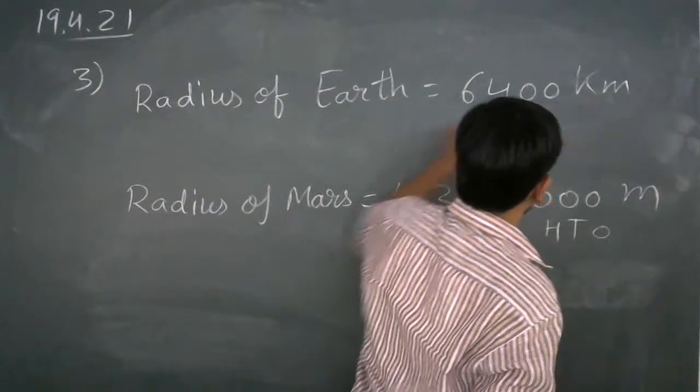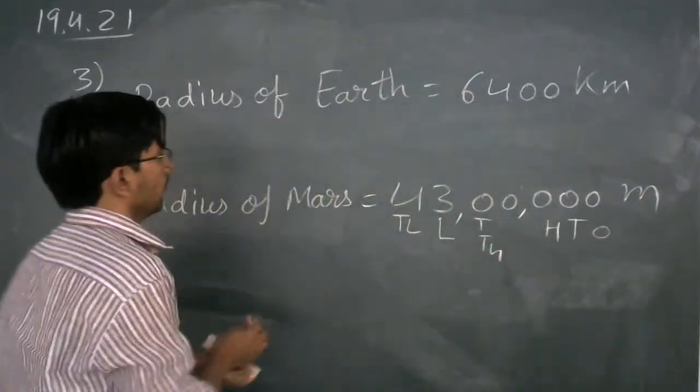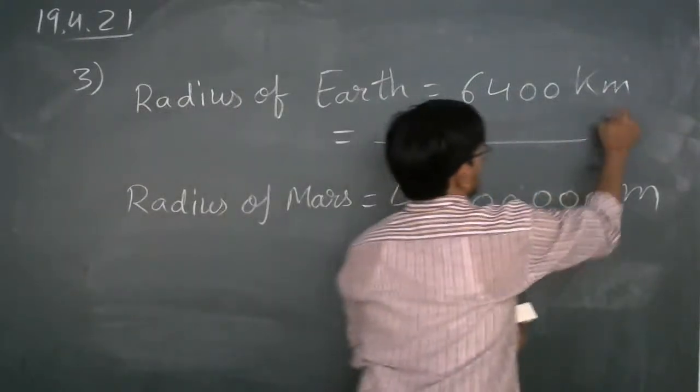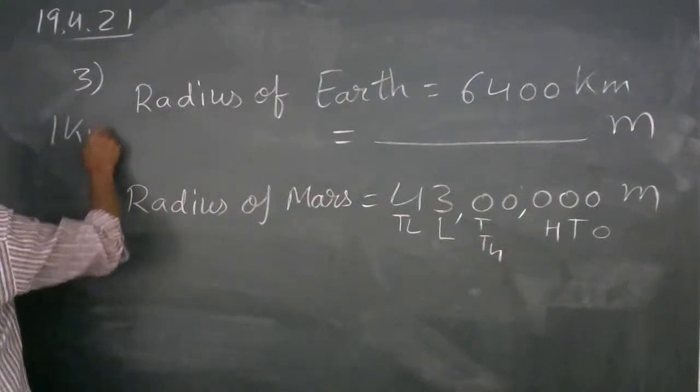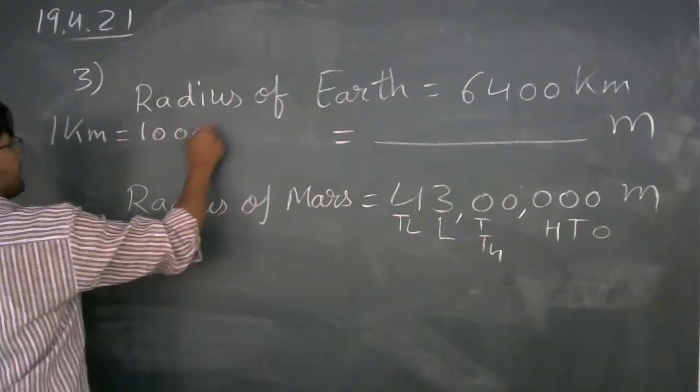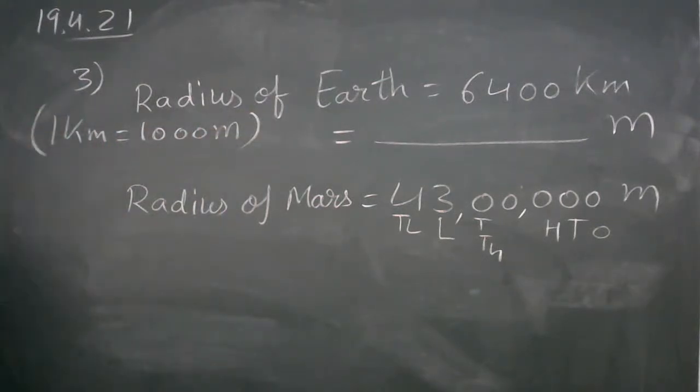Now just tell me how much meter. एक किलोमीटर में 1000 मीटर होते हैं. So 6,400 kilometer is how much in meter?